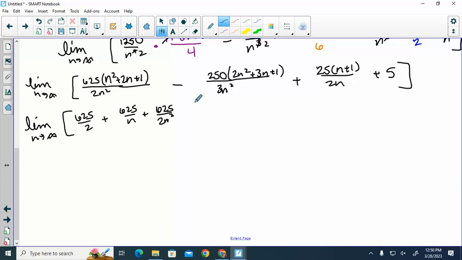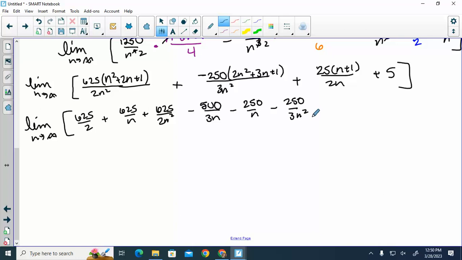Alright, this one we need to distribute, think of it as a negative 250 that I'm taking through here. So we would get minus 500 over 3n minus 250 over n minus 250 over 3n squared.